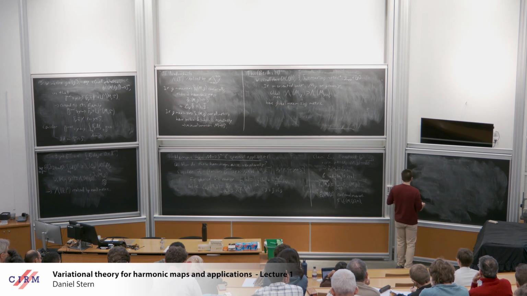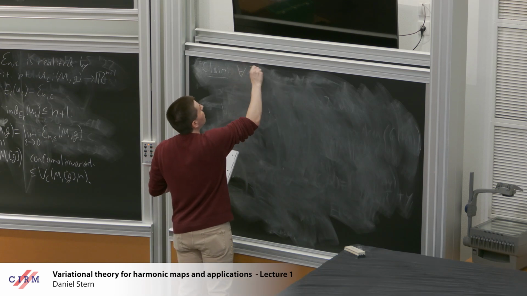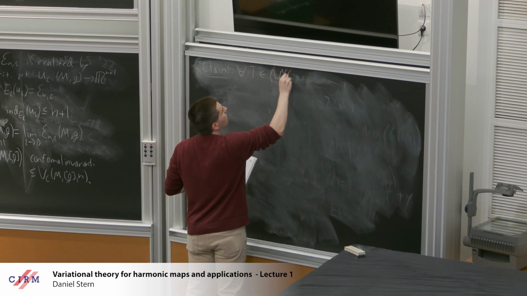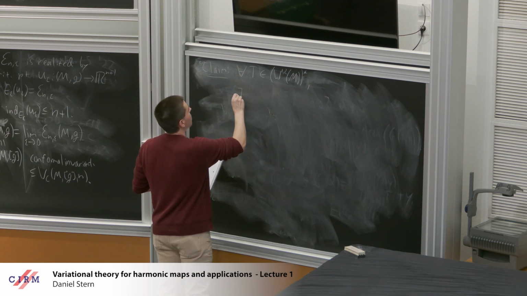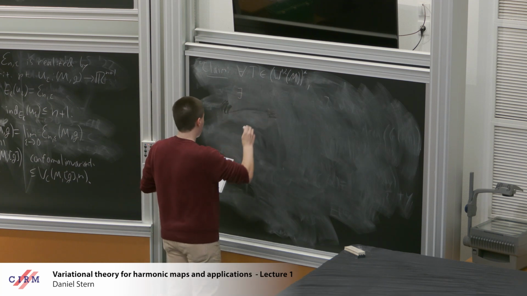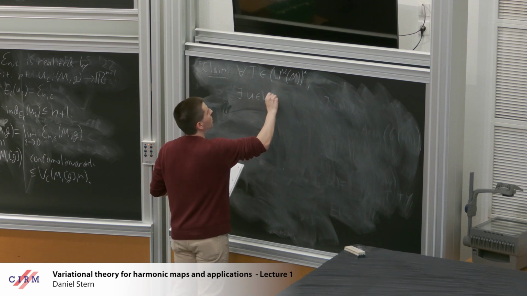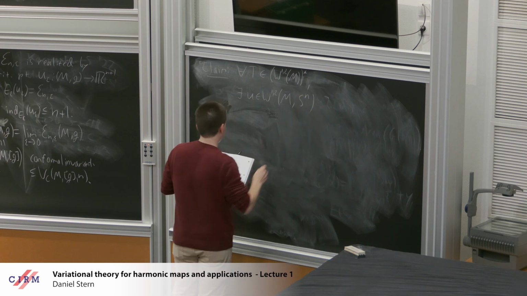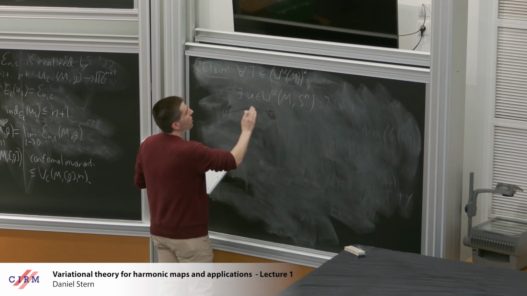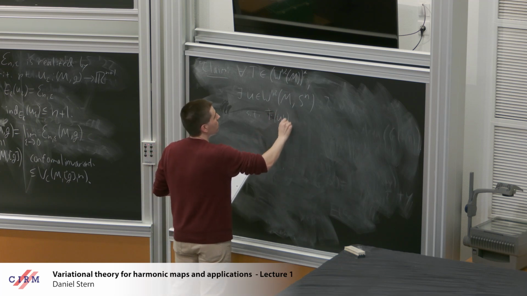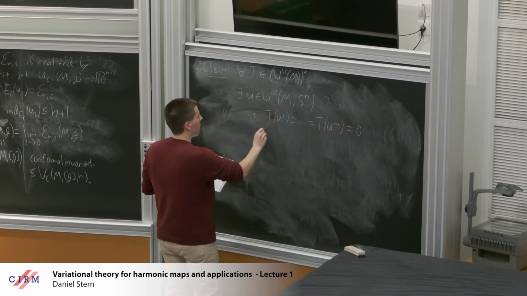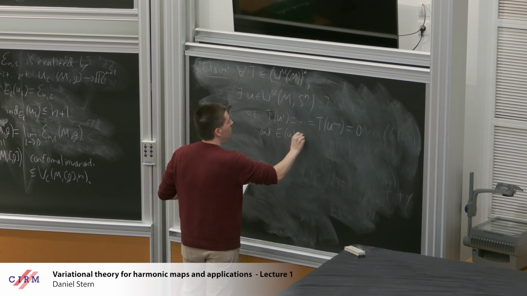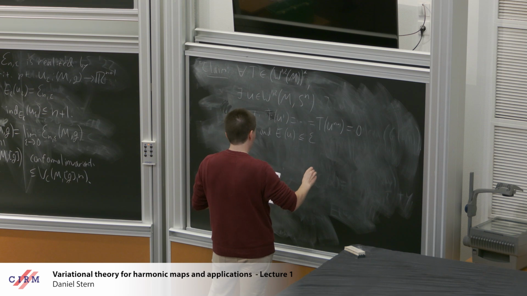In particular, the claim is that for any bounded linear functional T on W^{1,2} of our manifold, you can use the same trick that Li and Yau used to see that there exists some u in W^{1,2} from M to S^n such that all of the component functions are in the kernel of T, and their energy is bounded above by this min-max energy.